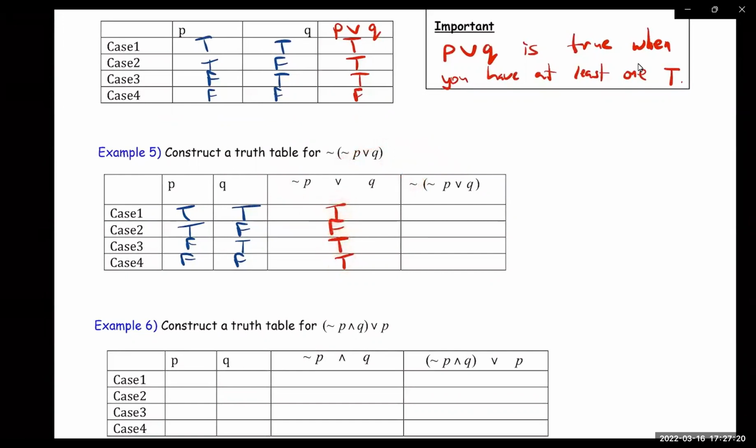If you negate that, you get false. If you negate false, you get true. The next ones are false, false. So you just change these to be the opposite because of the negation in the front. The only time this statement would be true is if P is true and Q is false.